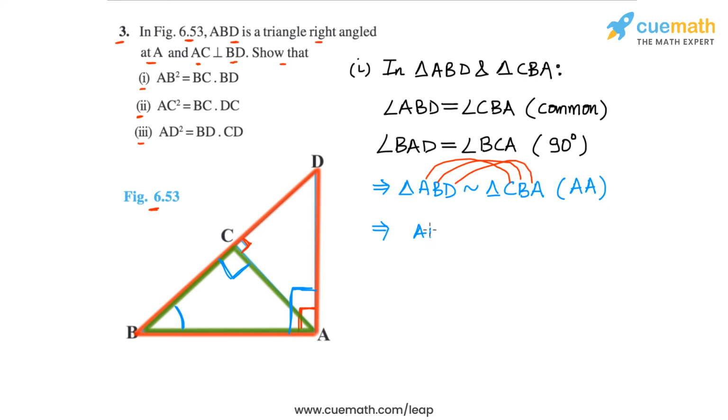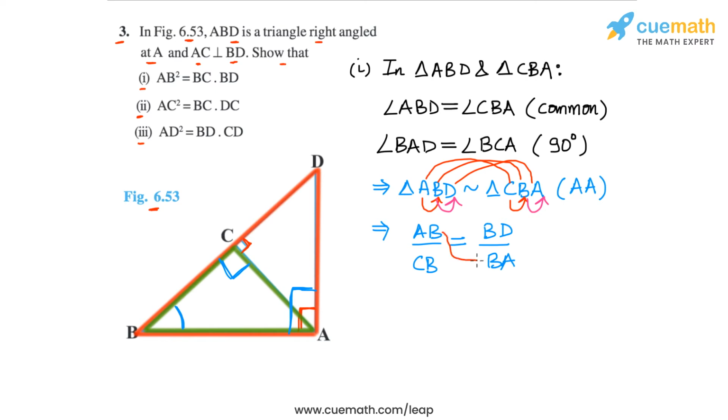So we have AB in the first triangle, and the corresponding side will be CB in the second triangle. So AB by CB will be equal to BD in the first triangle, which corresponds to BA in the second triangle. So we have BD by BA, and now we just cross multiply.